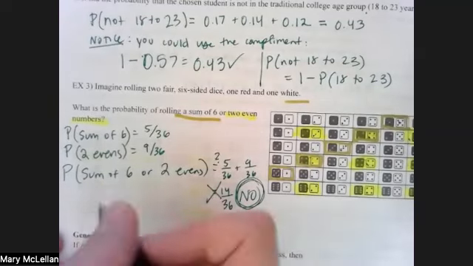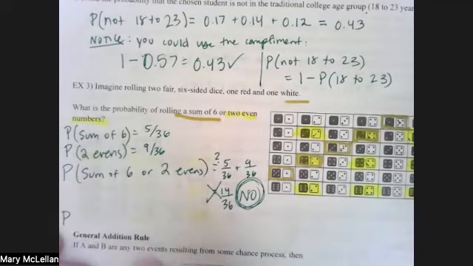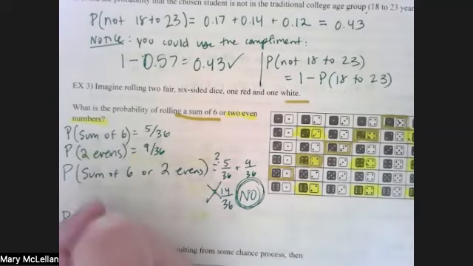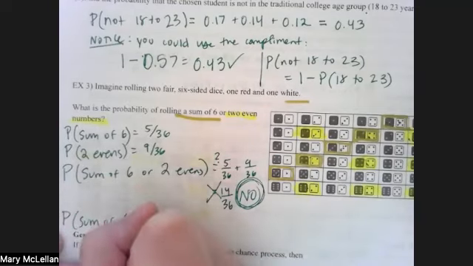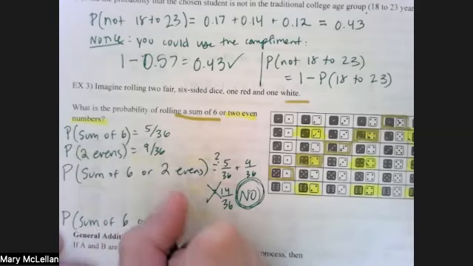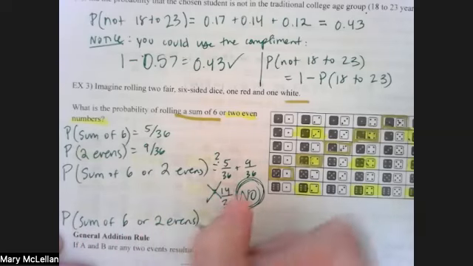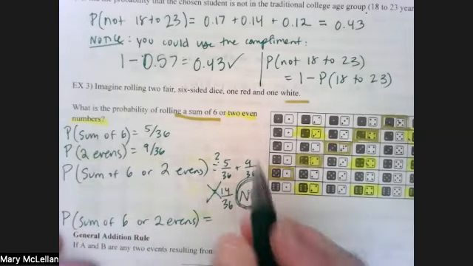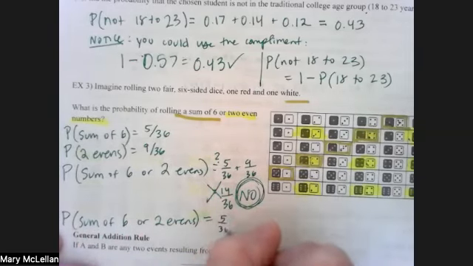Well, I'll show you. The probability of a sum of 6 or 2 evens, this is part of the story. It's got 5 over 36 plus 9 over 36 in it.